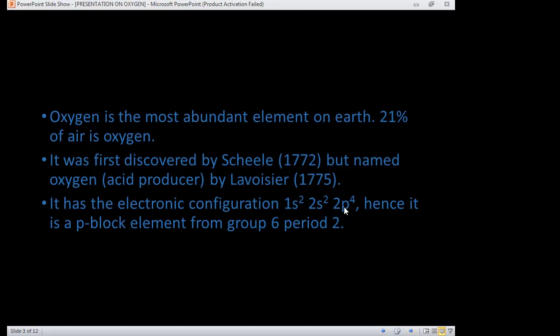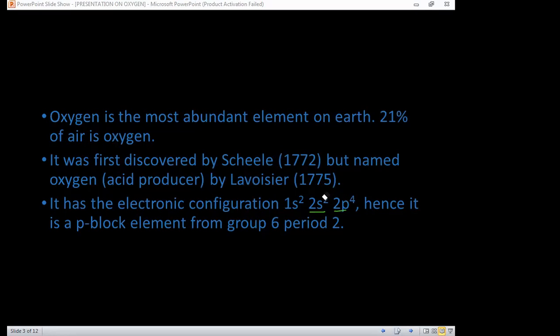Now, if you want to consider the group and the period that a particular element belongs to, you need to convert this shell notation to orbital notation. In doing that, when you see 1, that means the first shell contains two electrons. And when you see 2, that is to let you know that the second shell contains a total of 2 plus 4, which is 6 electrons.